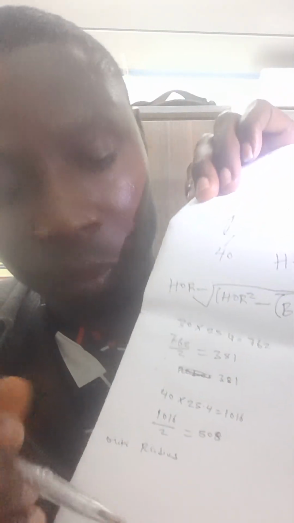Now, hope you understand. For us to get this, always remember that this formula always applies. Now, this 30 times 25.4, we are calculating for the branch.